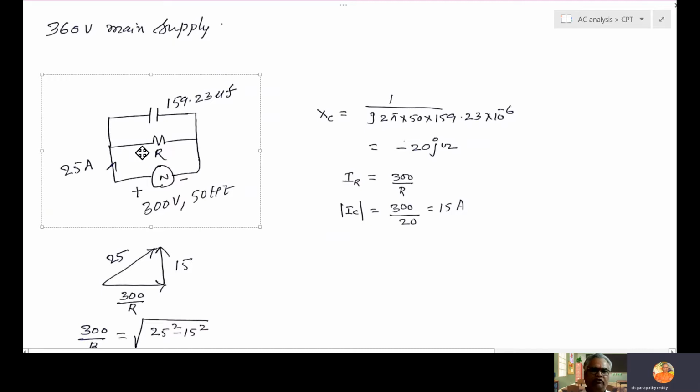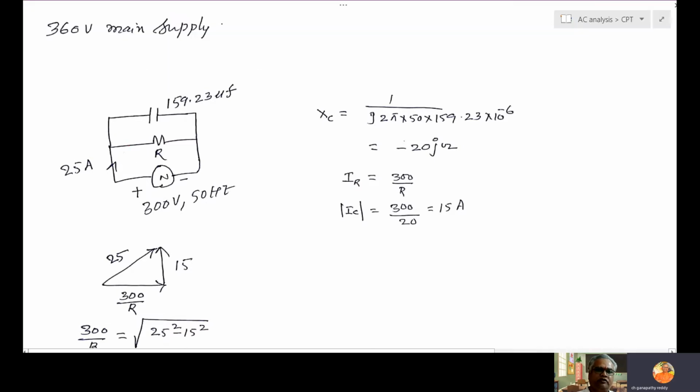First we have to find the value of resistor. So if you see the capacitor reactance Xc, 1 by j 2 pi F. F is 50, C is 159.23 micro, 10 power minus 6, simplify, minus j20 ohms. Then what is IR value? IR is the current through resistor.